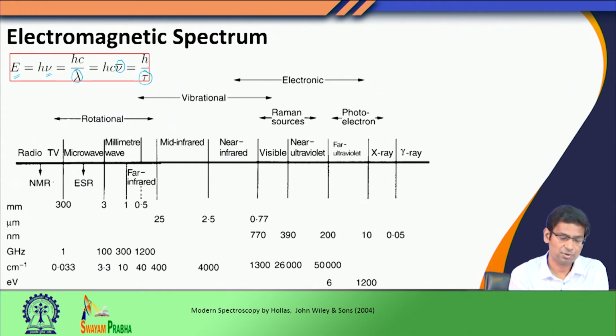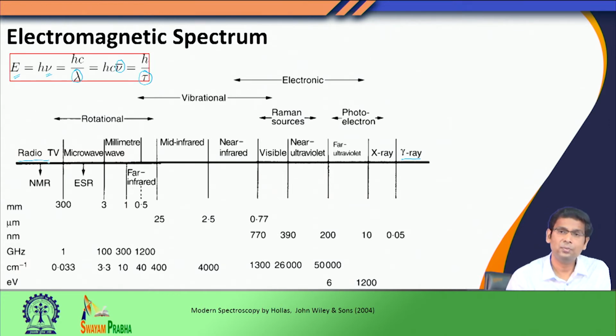Now, in this picture you can see in one range we have the radio waves or TV waves, and the other range is gamma rays. On the left hand side of this picture, you see the radiation with very low energy. From left to right of the spectrum, the energy increases, and since energy is inversely proportional to wavelength, from left to right the wavelength decreases.